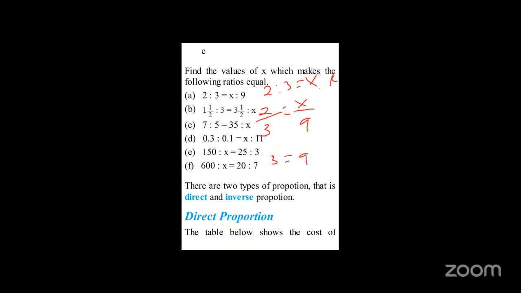Ama if you want, you can cross multiply, whereby when you cross multiply itakuwa ni 3x is equals to 2 times 9, whereby we are going to have 3x is equals to 18. So for us to get x, we divide by 3, divide by 3. So the value of x will be equal to 6.